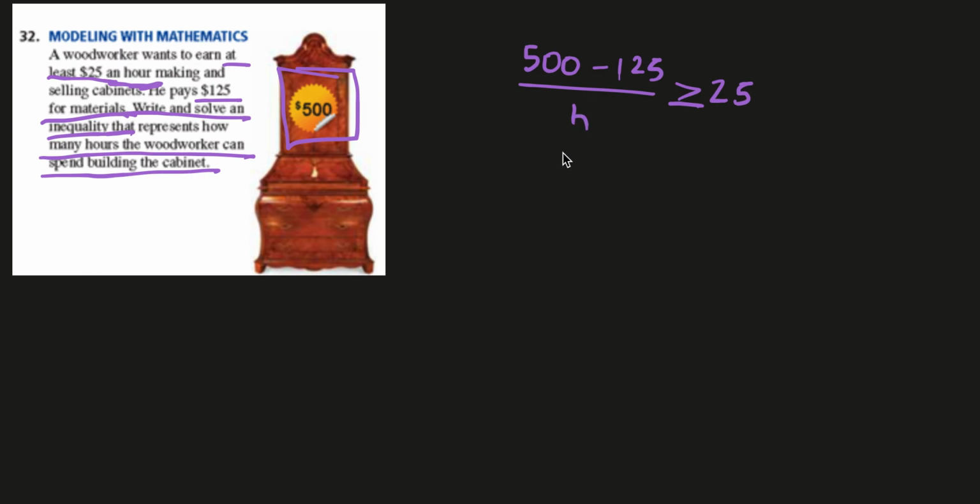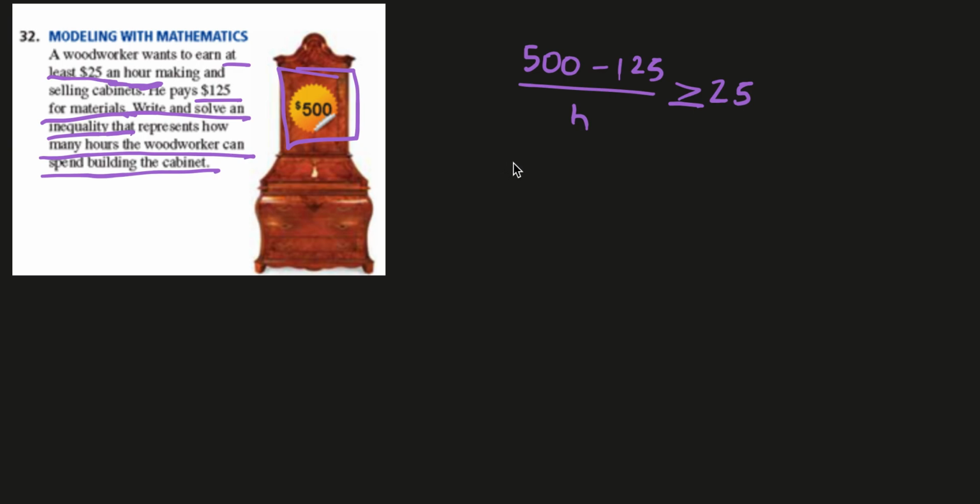Now, why did I divide this by h, and what is h? I didn't define this variable yet. 500 minus 125 is the total profit, the total money that the woodworker gets doing this project. If we divide that by the number of hours, h, that represents how much the woodworker gets in a single hour.